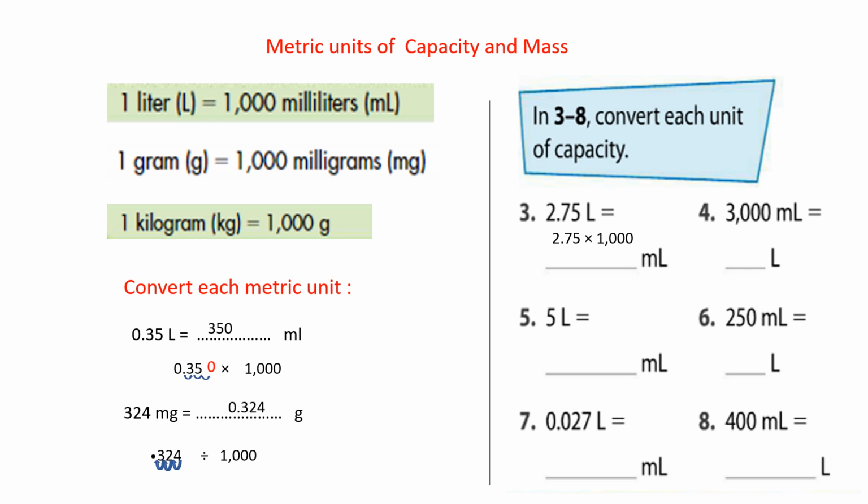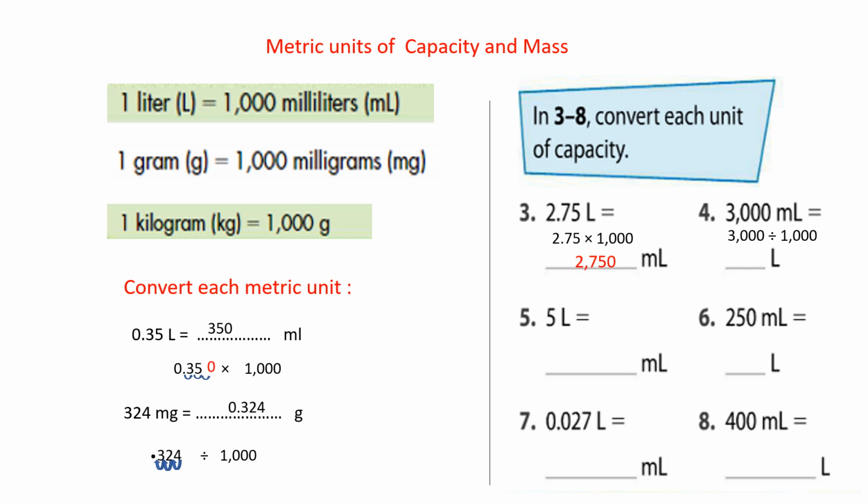How many movements? 3 movements. So the answer will be 275, then for the third movement, because there is no more digit there, you have to put 0. So the answer must be 2750.